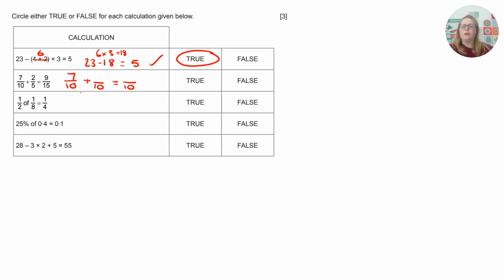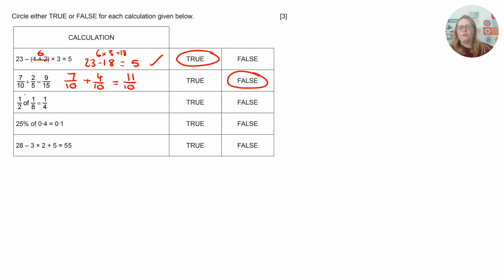To finish this off, if you've put the denominator over 10 for the second fraction, the top fraction also needs to be multiplied by that same number. So we times the bottom by 2, so we're timesing the numerator, the top number, by 2. 7 plus 4 gives us 11, so in fact our fraction should have been 11 over 10, which means that's false.